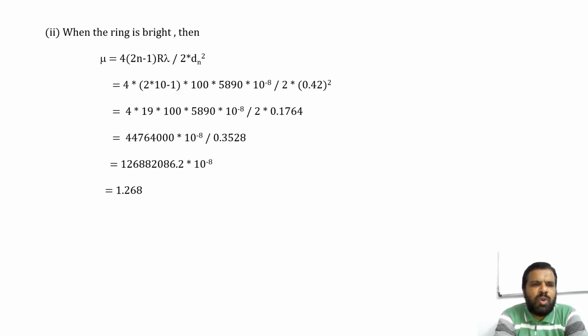That is equal to 4 into 19 into 100 into 5890 into 10 raised to minus 8 divided by 2 into 0.1764. That is equal to 4,47,64,000 into 10 raised to minus 8 divided by 0.3528. That is equal to 1.268.